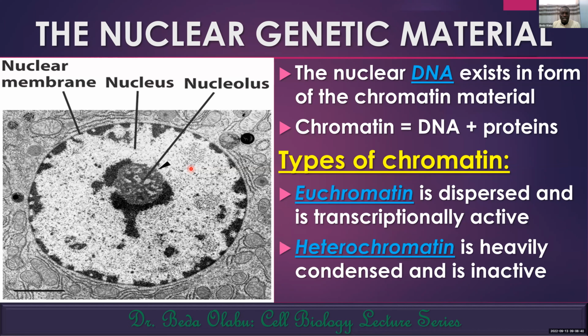The opposite is heterochromatin. Heterochromatin is heavily condensed. These darker ones, heavily condensed. Such condensed chromatin material is not available easily for transcription. So it is transcriptionally inactive.